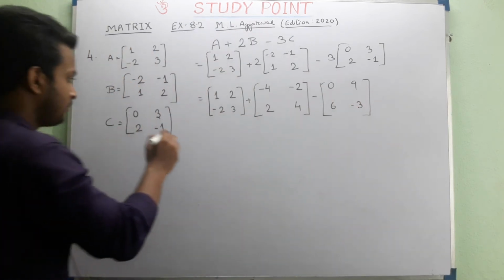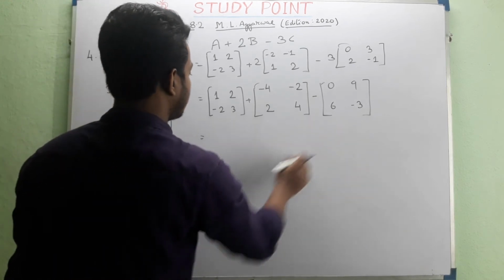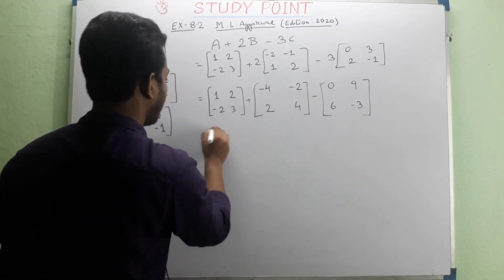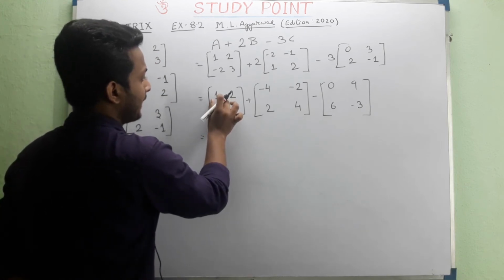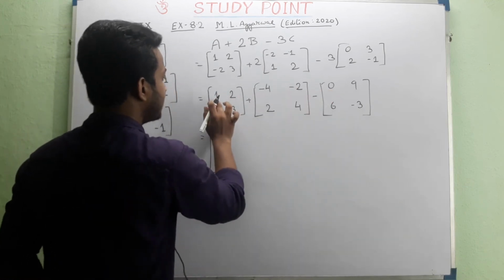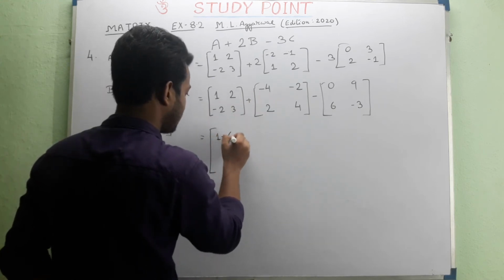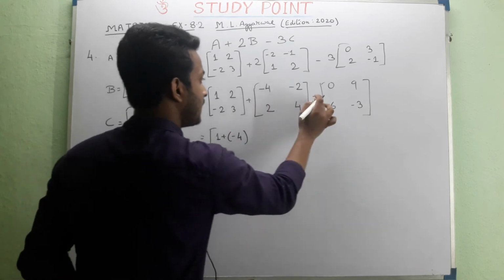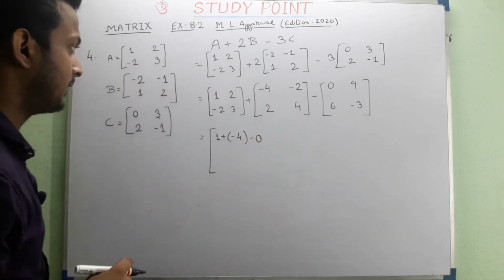Okay, now see there is nothing but the addition and subtraction of 3 matrices. Now how to do? Look for the first element of each and every matrix. See here 1 plus of minus 4, 1 plus of minus 4 minus of 0. This is all about the first element.